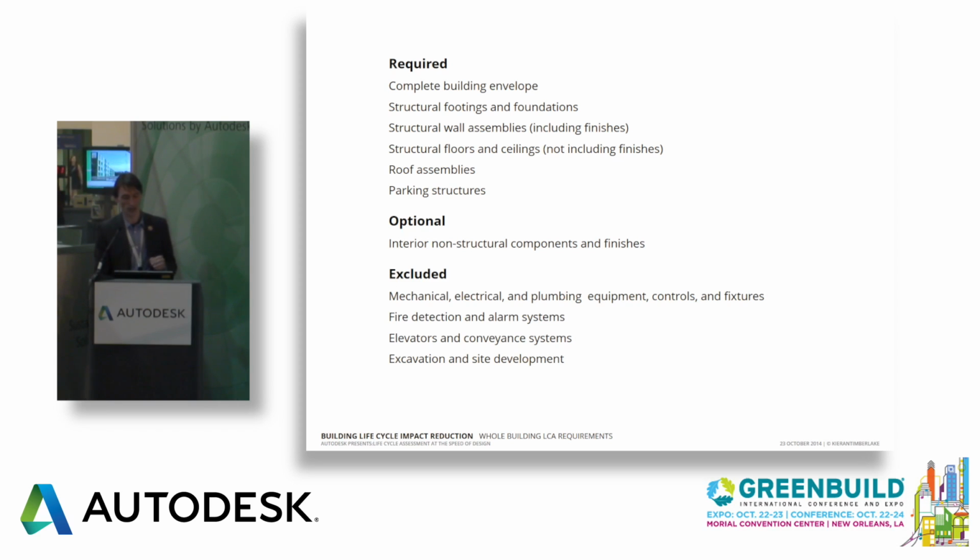And one can have the option of including interior non-structural components and finishes. And this is a really valuable point, because if a lot of your targeted LCA work is to improving the materials associated with your interiors and finishes, then it would certainly be worth your while to include that as part of your scope and convey that reasoning to the US GBC.